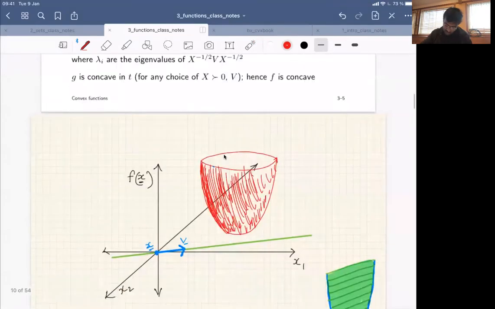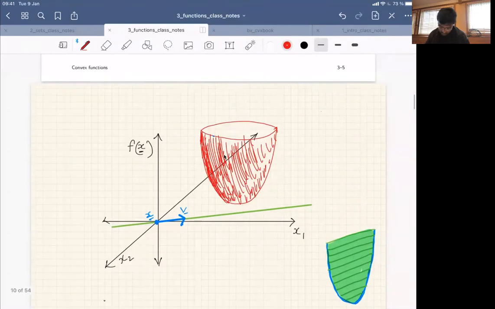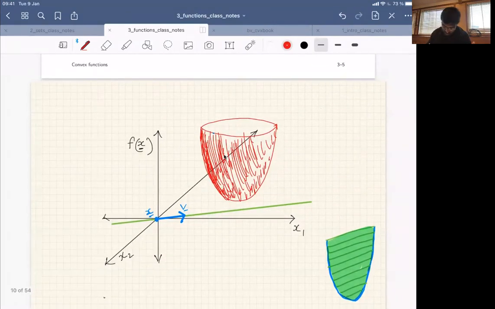Maybe I will show you a diagram. Here we have R2. You have x1, the first axis, and x2, the second axis, and the function is plotted on the third axis. So this is my function.